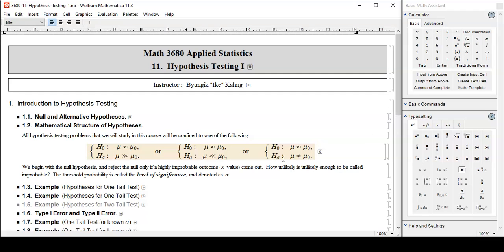In some cases, we can consider a third case. The alternative hypothesis is they're just different. I don't know whether the real mean is greater or less. They're just different. But this one is really rare because we already did the sample study and the sample mean is either greater or less.